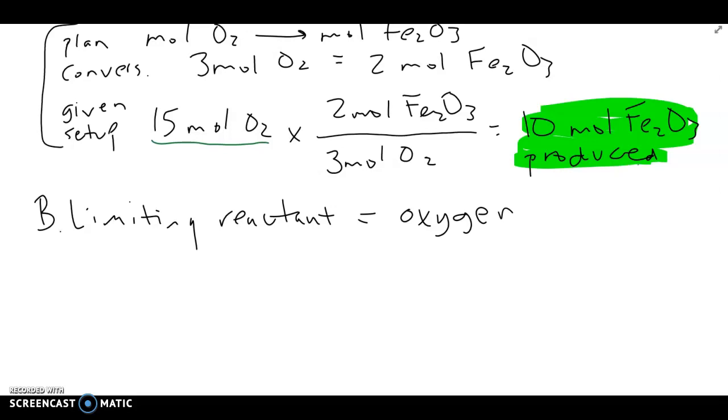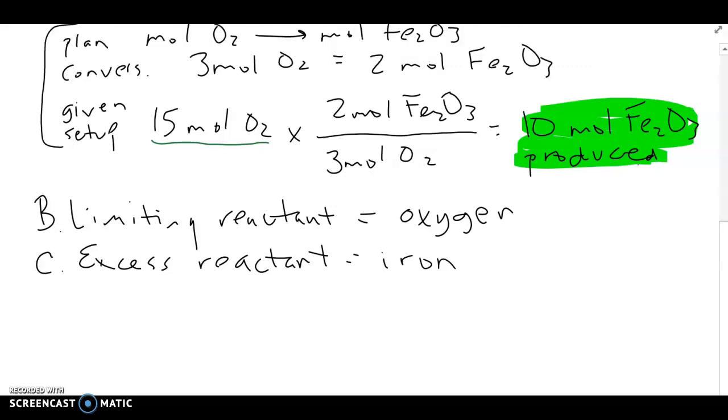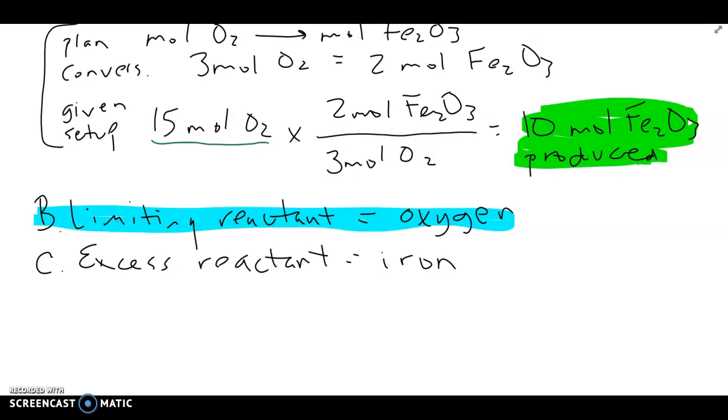That means our excess reactant, or the one that we have some left over, is going to be our iron. Let me highlight this. Our answer to B is oxygen, limiting reactant.